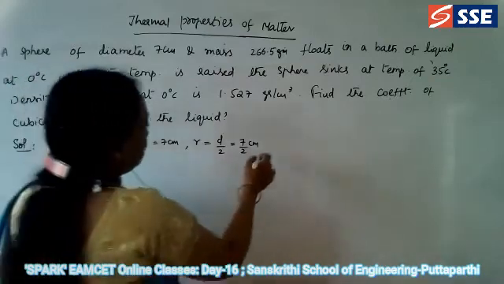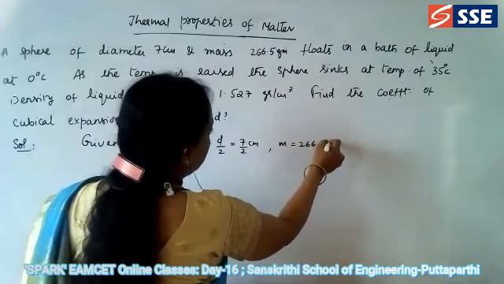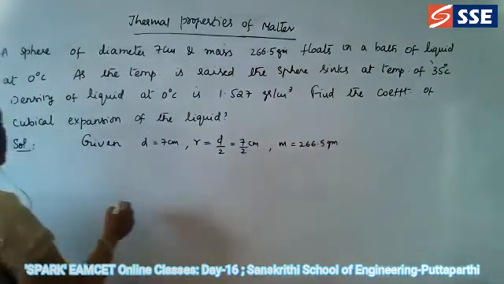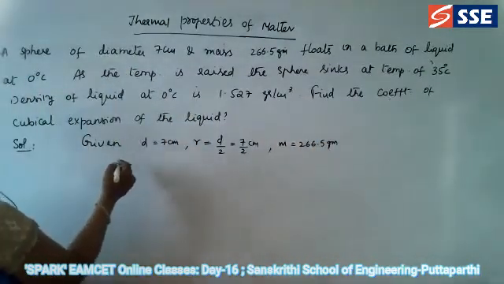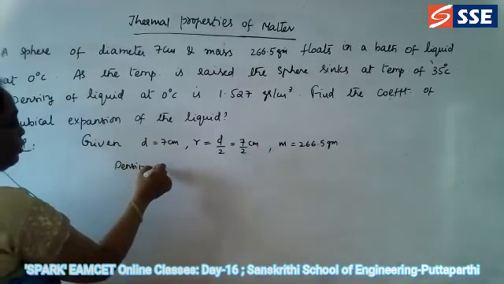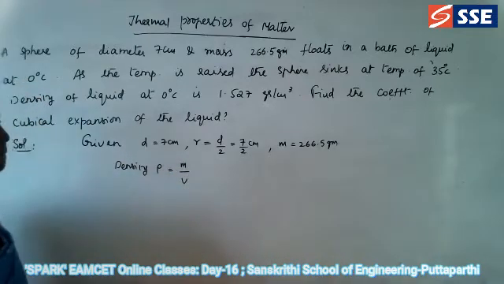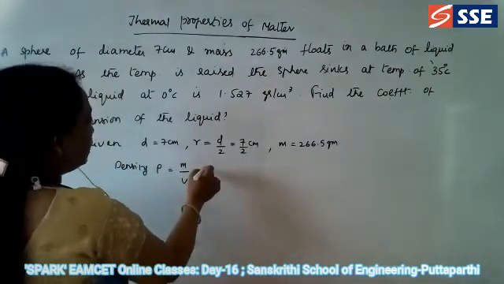Next, mass is given as 266.5 grams. So how to calculate the density at 0 degree Celsius? Density rho is equal to, we know the formula, mass per volume, m by v.